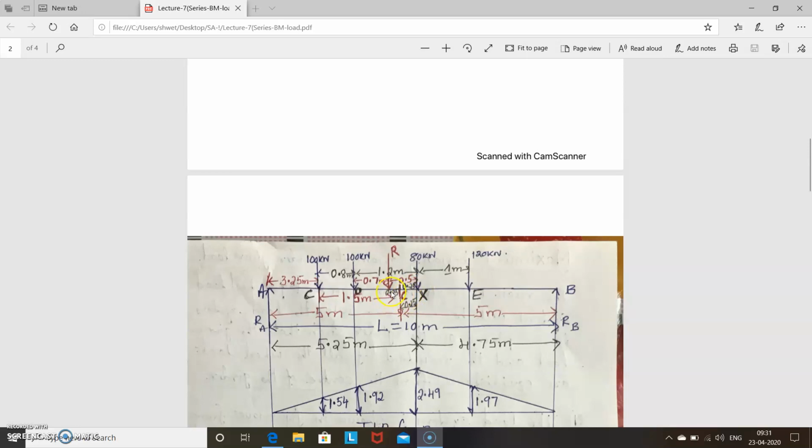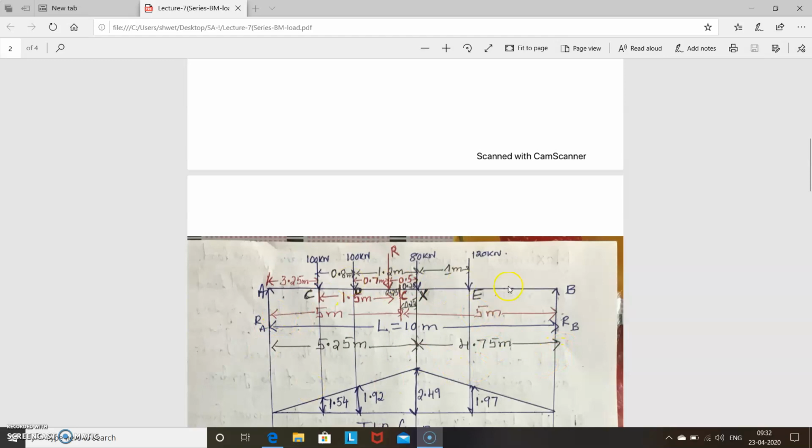Now you know this is 0.5, this is 0.5. Till center it is 5, right? So we want this distance. So 5 plus 0.25, it is 5.25. So we can conclude that section X lies at a distance of 5.25 from the left end A. Total is 10, so 10 minus 5.25 is equal to 4.75.